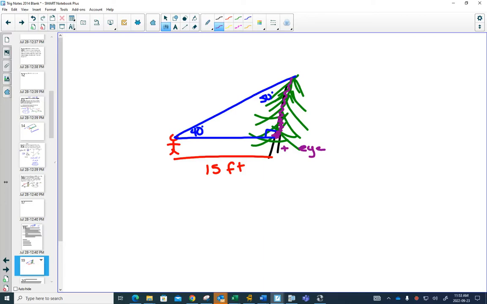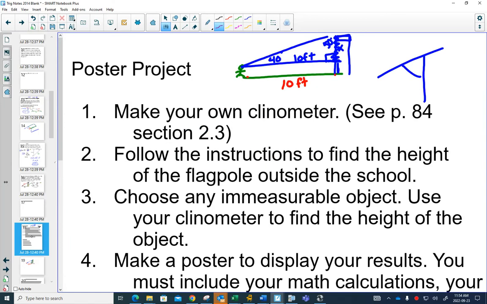You're trying to find the height of the whole tree, so you'd solve for this part, plus you have to add the part up to your eye to get it to be more accurate. This allows you to measure something that's high without having to climb it. You see what's happening? So for the flagpole part, you can follow the instructions on page 84.